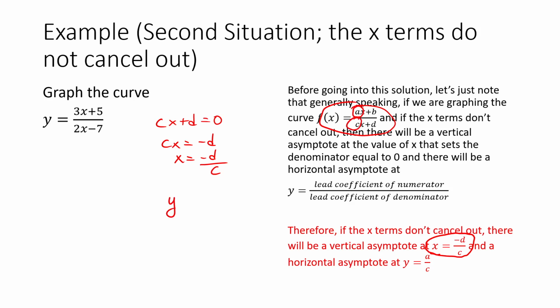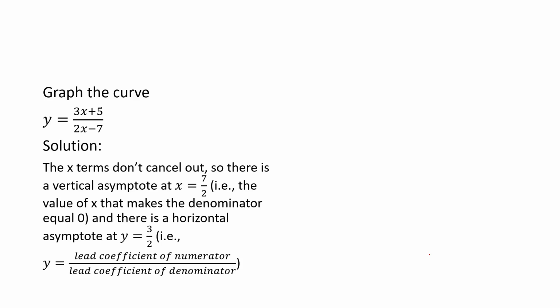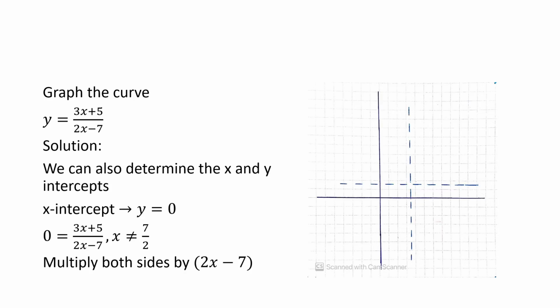So we're going to have a horizontal asymptote at y equals a over c. Okay? Now, the x terms in this case don't cancel out, so we've got a vertical asymptote at x equals 7 over 2. And we've got a horizontal asymptote at y equals 3 over 2. So we can sketch those two asymptotes as you see here.